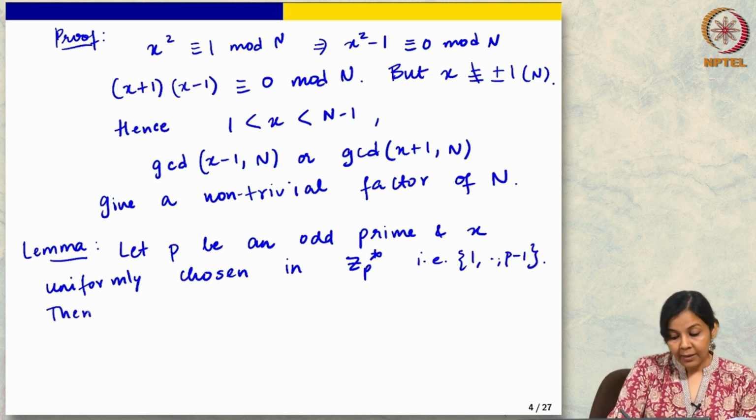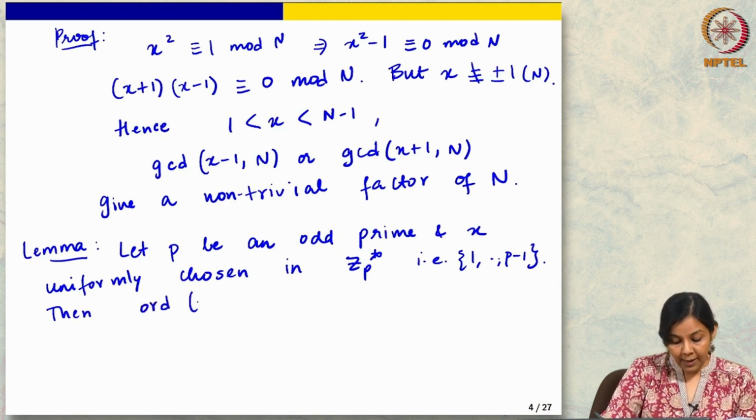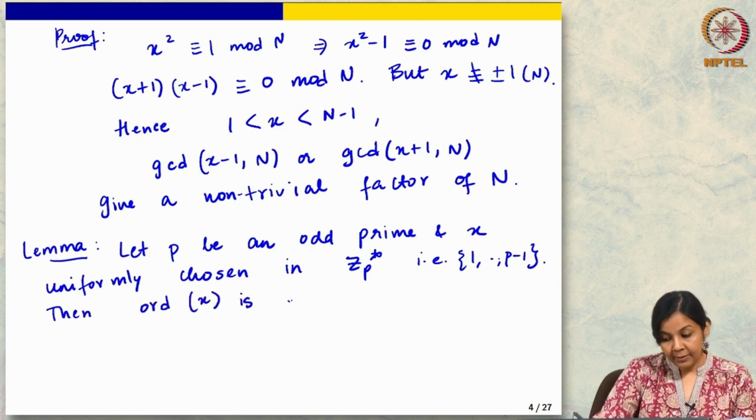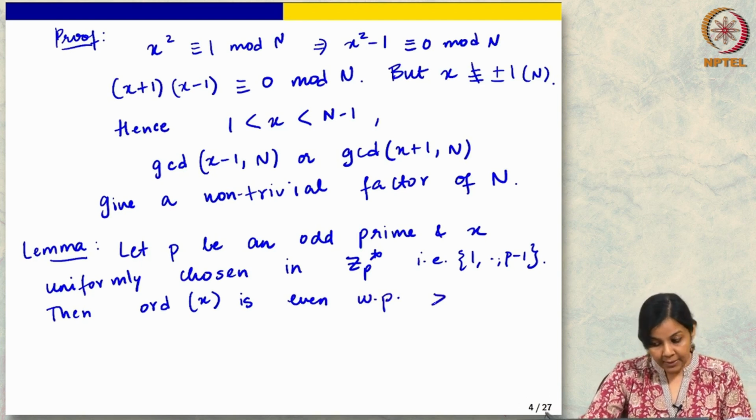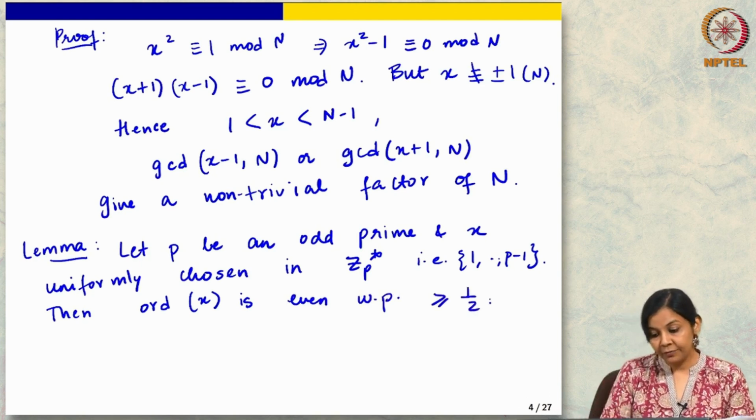Then the claim is that the order of x is even with probability at least 1/2.